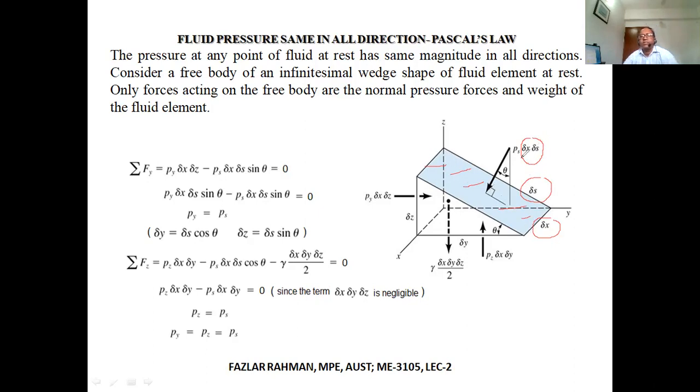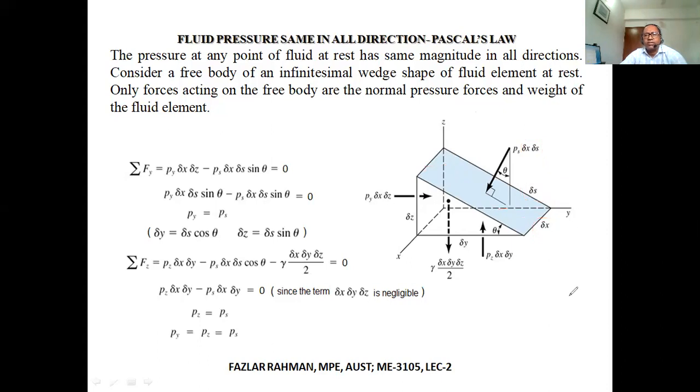We are saying this is Ps. Now we will apply the force balance. Since this fluid element is not moving, we can apply the summation of forces along the y-axis. We'll see what is happening.